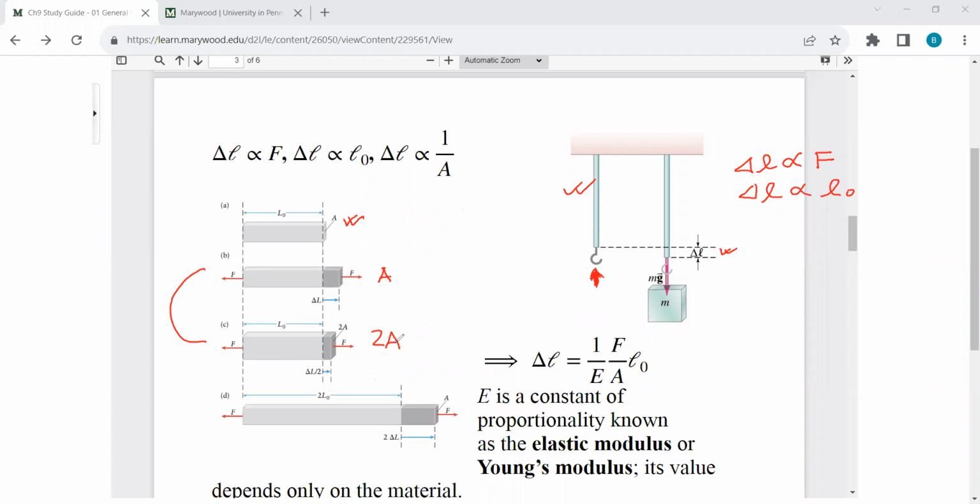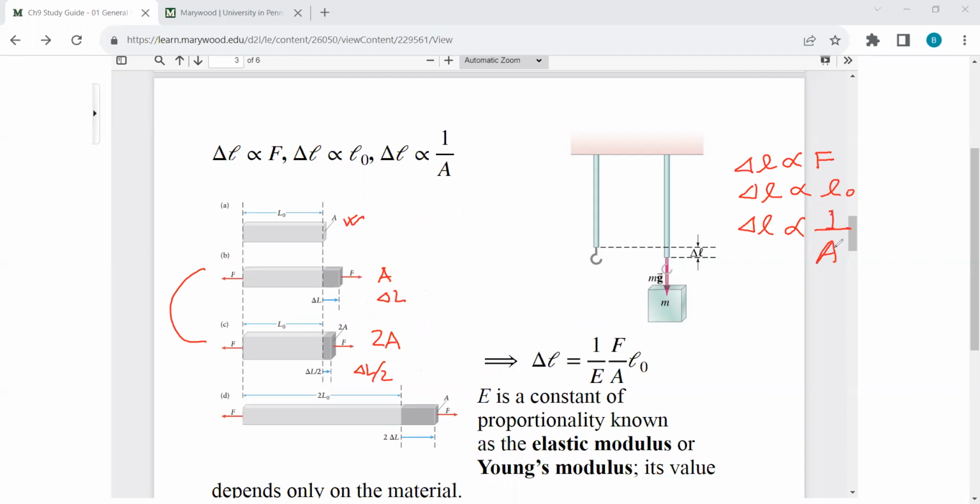Now if we apply the same amount of force, similar to the last problem, say 20 Newton, you see that this one is extended by delta L, but this one is extended by half of delta L. This tells us that the extension delta L also depends on the cross-sectional area, but it is not proportional, it is inversely proportional.